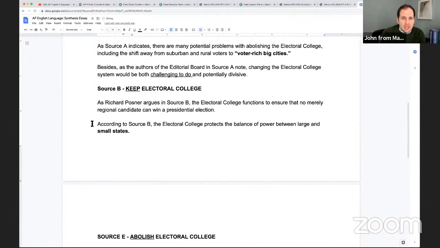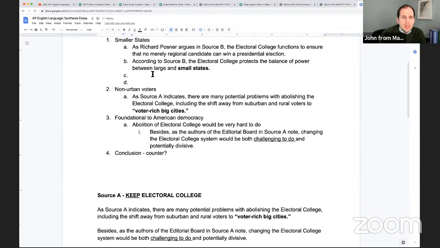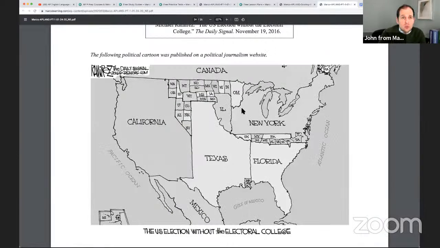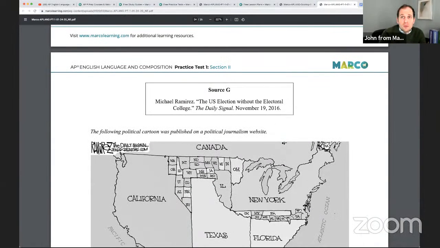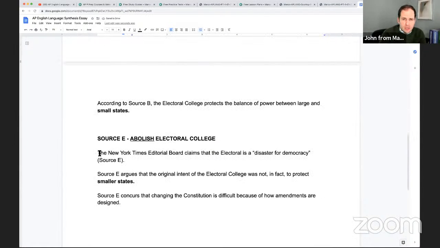Okay. Then here's balance of power in small states. I'll add this under smaller states as well. I would also add source G, which is the cartoon. Okay, then let's see real quick.